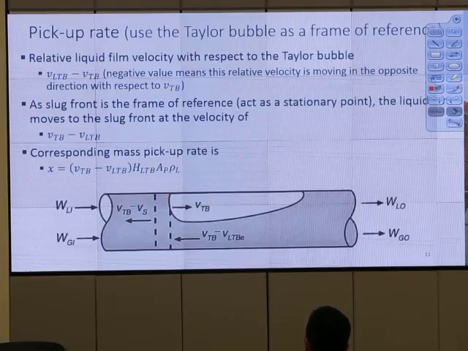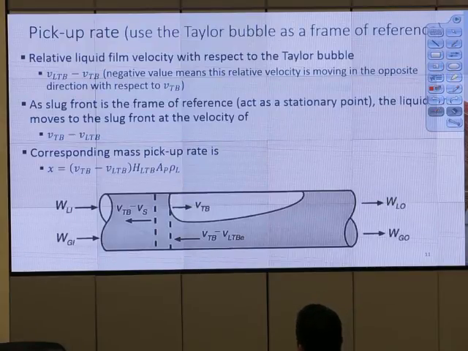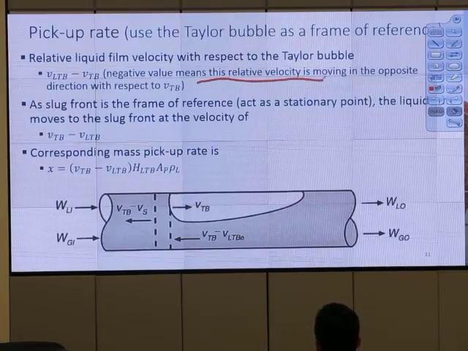So I put here the relative velocity of the liquid film is VLTB minus VTB. Negative value means this relative velocity is moving in the opposite direction with respect to VTB.